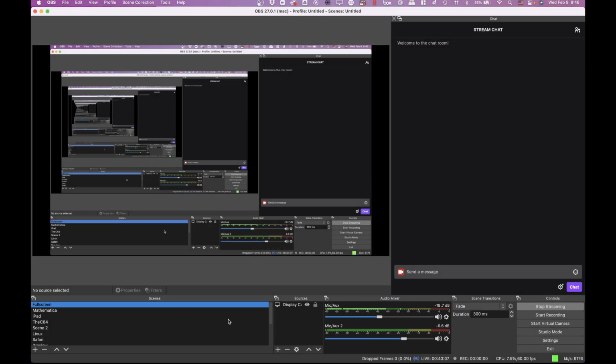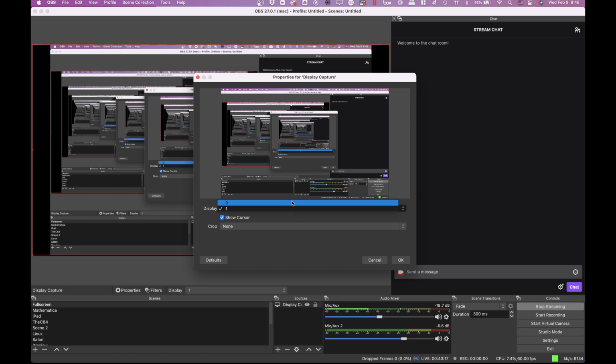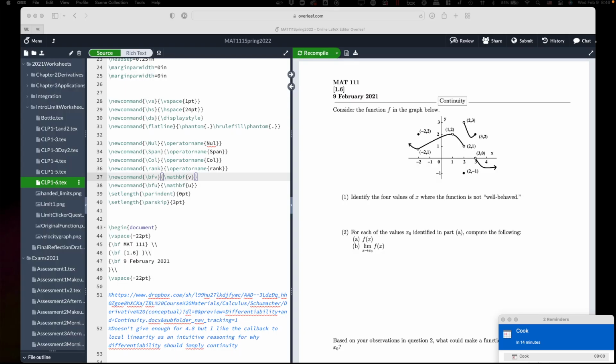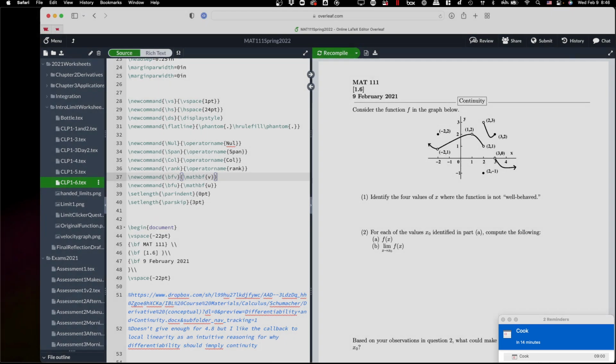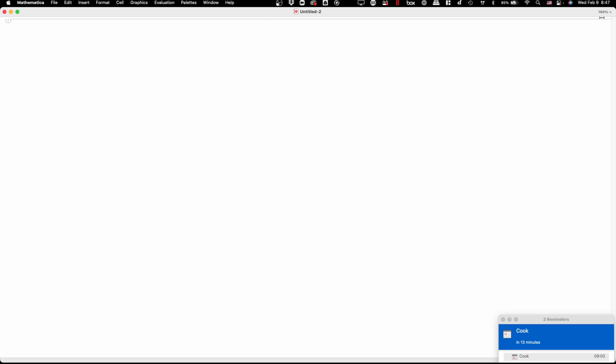I'm going to move OBS over here and change to full screen capture, but I want to capture the other display. The other display, I said. That one. Okay. And in particular, I want to open up a Mathematica window, and I'll make this nice and big so we can all see it good.